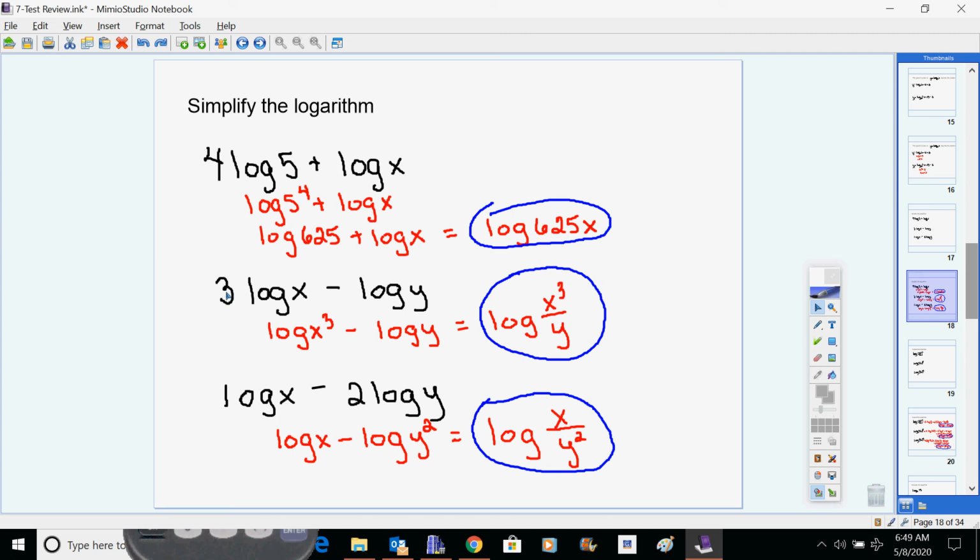The 3 that's out front gets dragged up as an exponent, and then the minus turns it into a division problem. This 2 gets dragged up here to the top, and then the minus turns it into a division problem. So you're practicing those rules of logarithms because logarithms do deal in exponents. The rules are more similar to exponents than anything else.